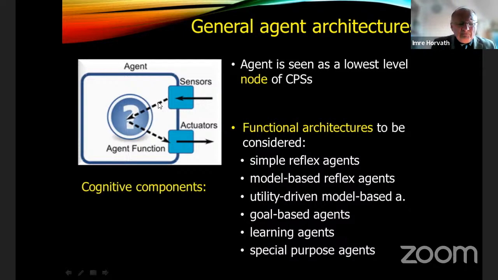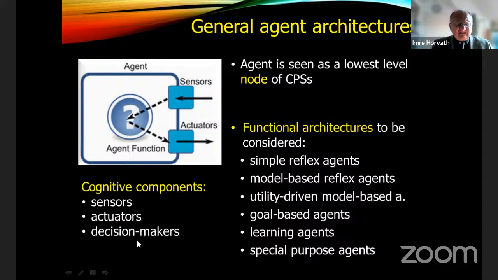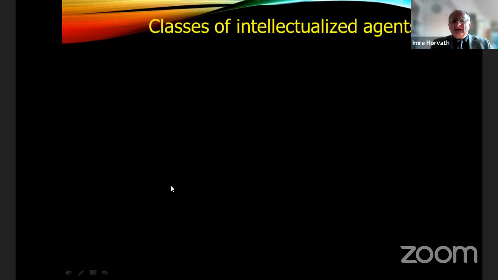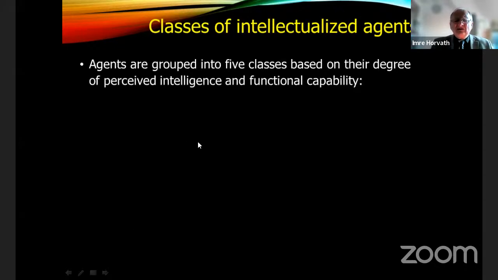What is also important is that each of the 5 ones I indicated has so-called cognitive components which are based on some sort of use of sensors, the actuators, the decision maker. So let's look into this classification, which I briefly introduced already.